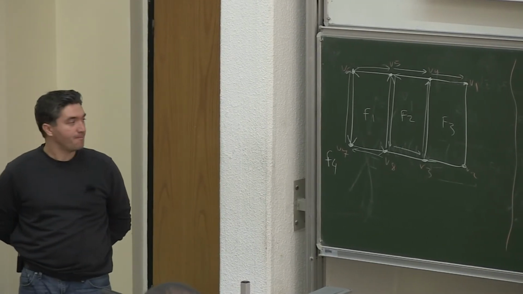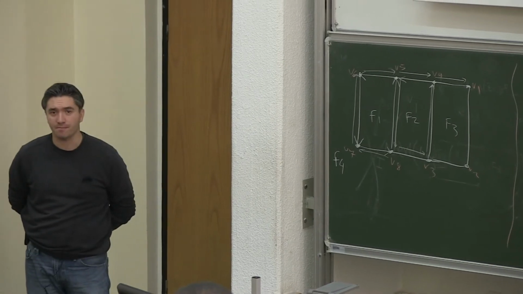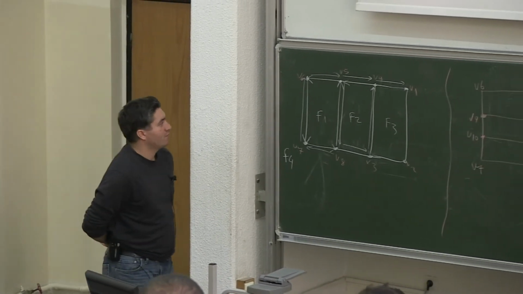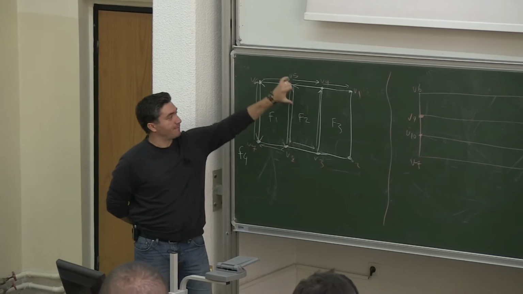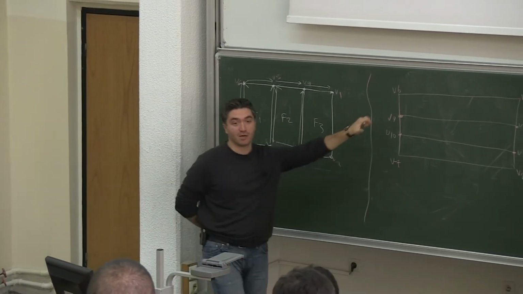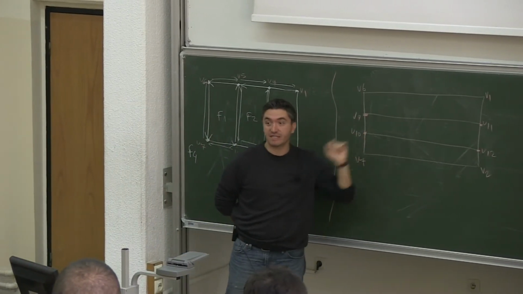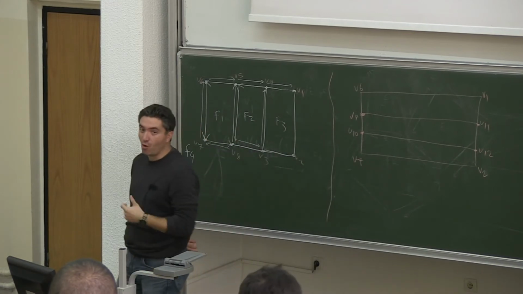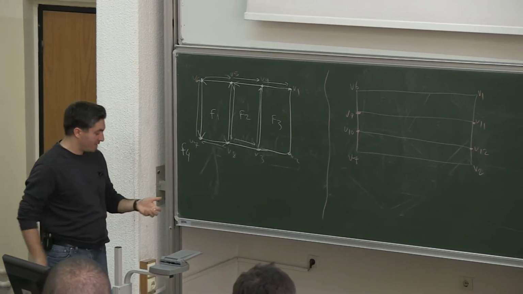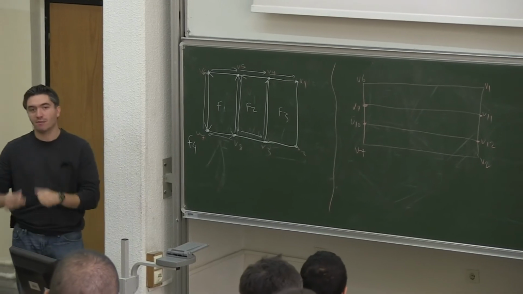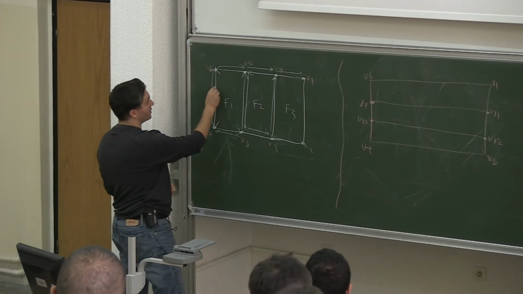Okay, so the overlay problem is, so this has a doubly connected edge list to represent this subdivision. This has a different doubly connected edge list to represent this subdivision. The overlay of subdivisions is to put these two doubly connected edge lists on top of each other.